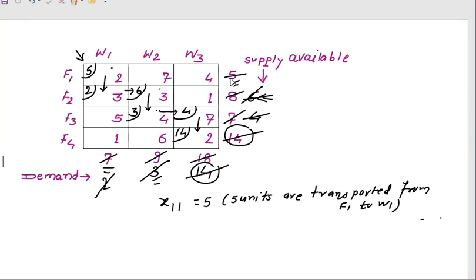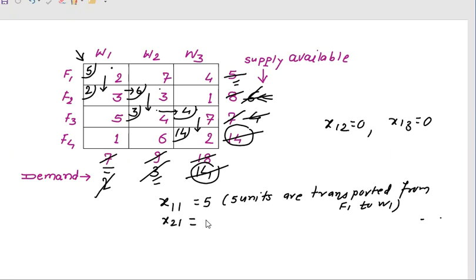At the factory F1, only 5 units are available and all the 5 units are transported to W1. And what about W2, W3? No unit from F1 is transported to W2. So this variable X12, quantity transported from F1 to second warehouse, is 0. Similarly, X13 is 0.